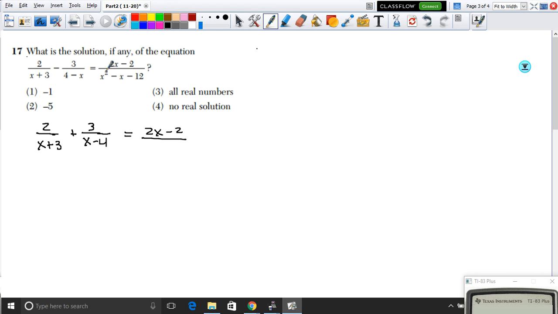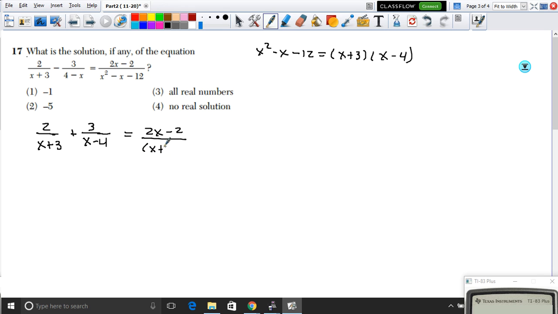And like we studied, notice that here, x squared minus x minus 12 is equal to x plus 3 and x minus 4. If you were to factor this out, you would see that you can write it this way. So let's come back to our problem.